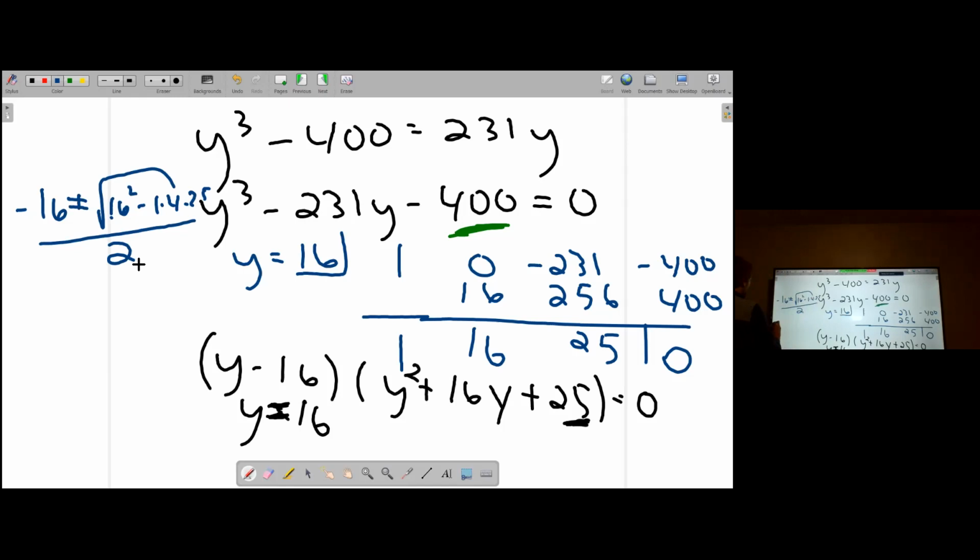So it's going to be negative 16. Again, 16 squared is 256, I happen to know. Minus 100 would be 156. Plus or minus the square root of 156 over 2.